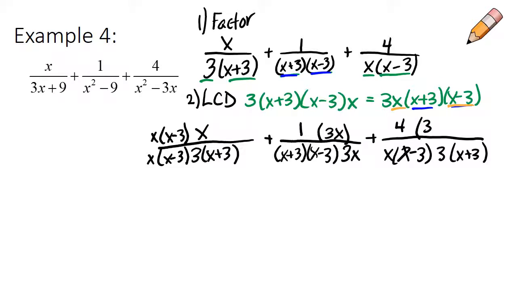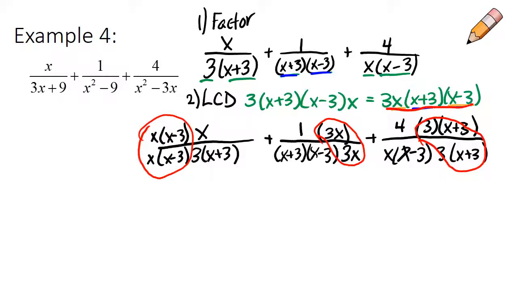And I also have to multiply this numerator by 3 and x plus 3. Notice the patterns I see here. That's the part of the LCD that fraction was missing. This is the part of the LCD the original fraction was missing. And this is the part of the LCD that first fraction was missing. So make sure that you cover all of the LCD in each one.